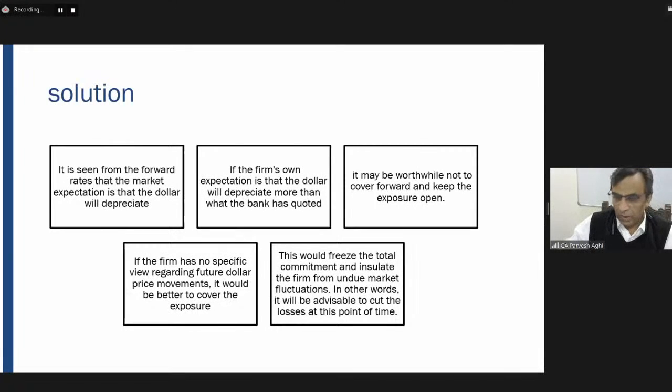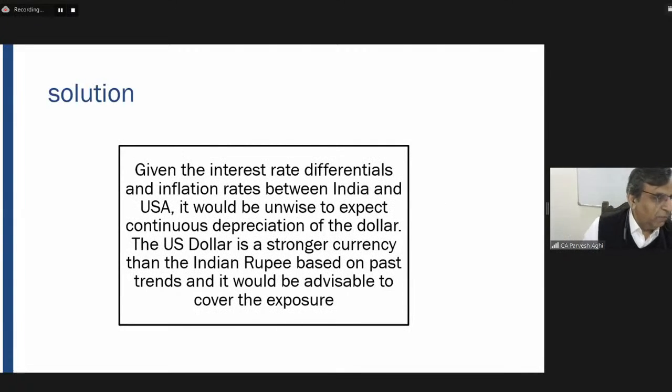But we should always remember that, given the interest rate differential and inflation rates between India and USA, it is unwise to expect continuous depreciation of the dollar, because the interest rates in the US are quite low as compared to India. Even the inflation is quite low as compared to India. So normally the US dollar will always appreciate. In the long term, it is going to appreciate. So he should not expect this quite often.